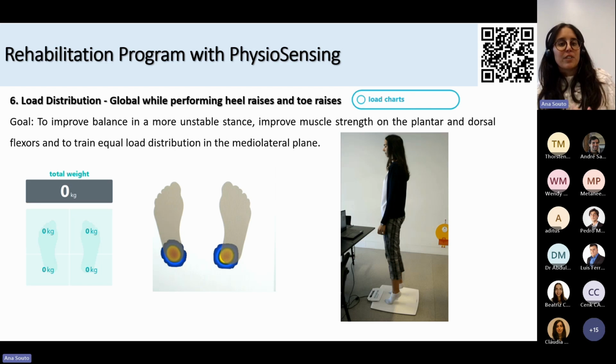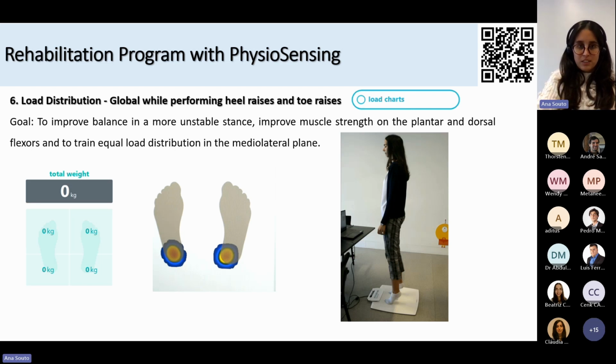So we can, for example, do an exercise such as heel raises and toe raises, and at the same time, we are seeing the amount of weight that is being placed in each foot. And if during the movement the weight is being transferred to the anterior part of the foot and the posterior part of the foot, and if it is similar between feet.